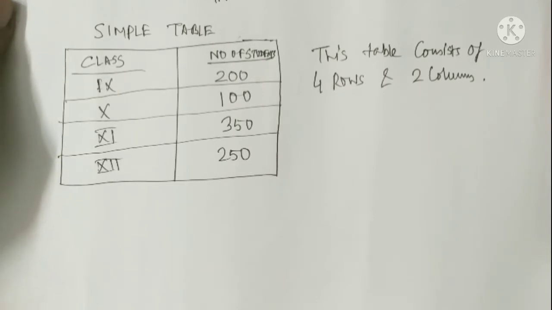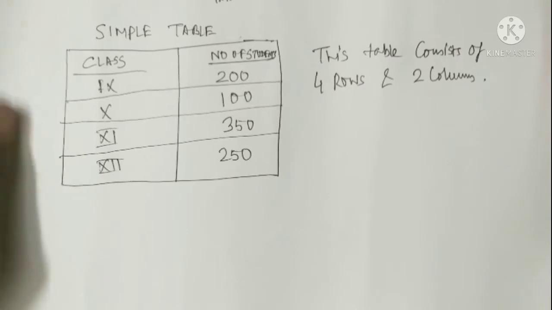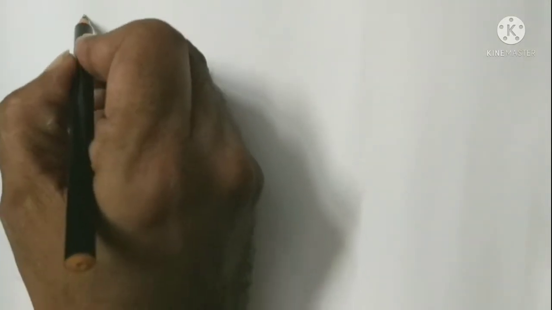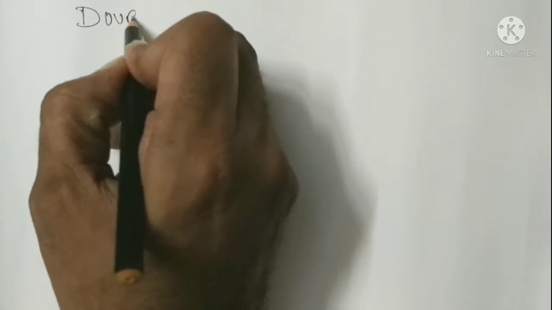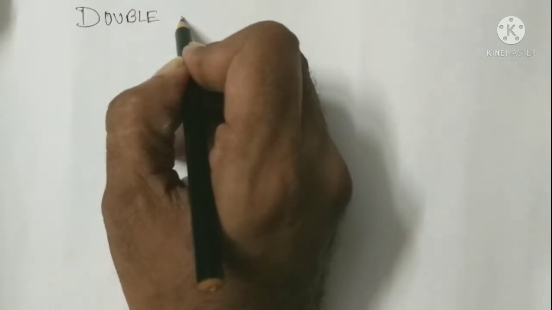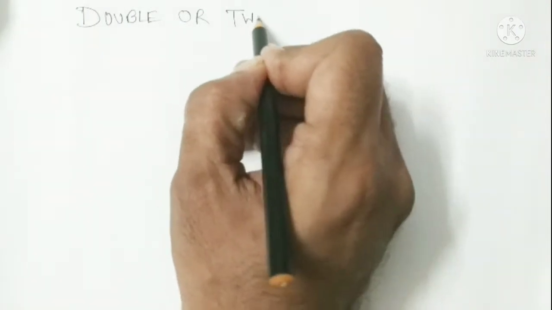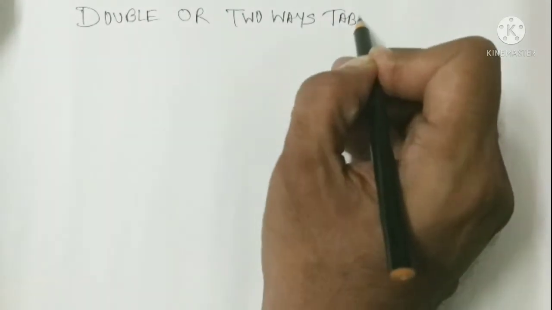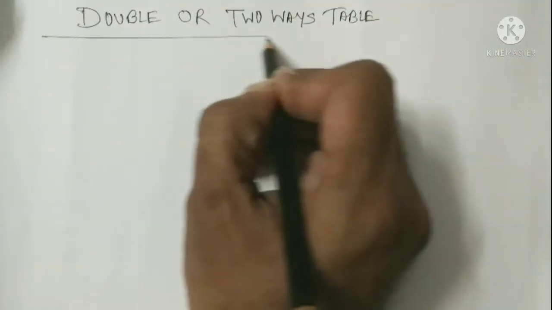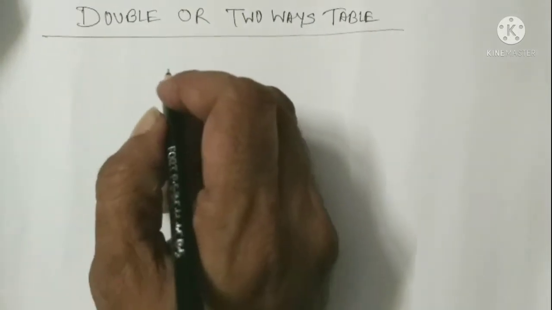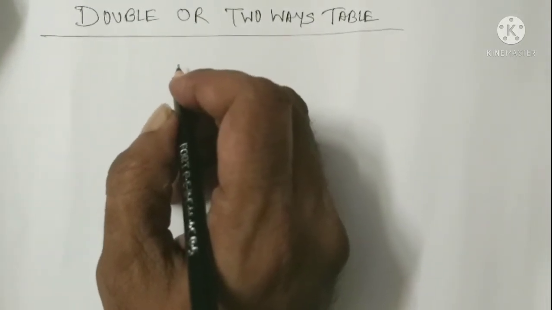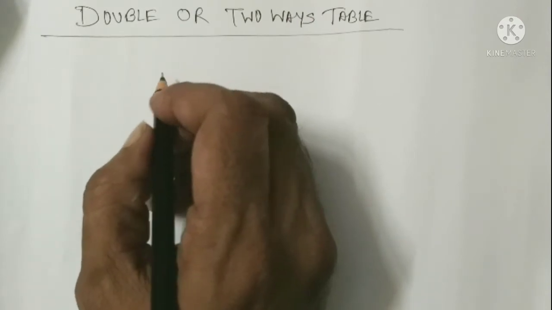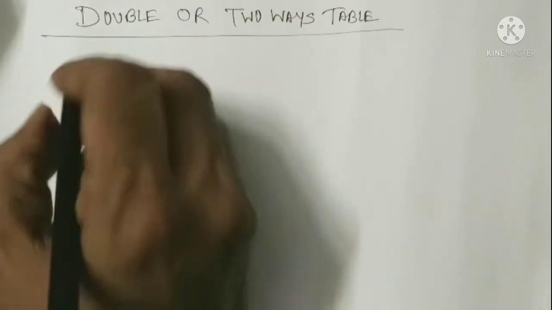Now we present double or two-way table. This table can be framed from the previous table by the extension of columns.